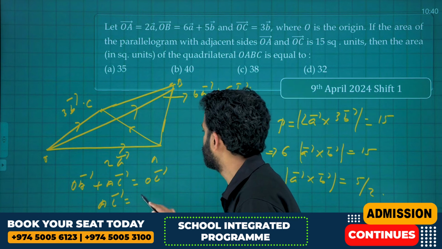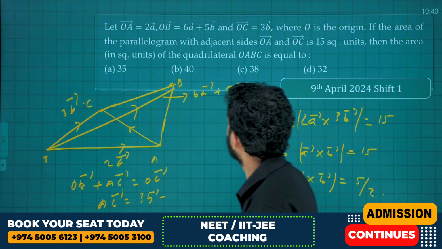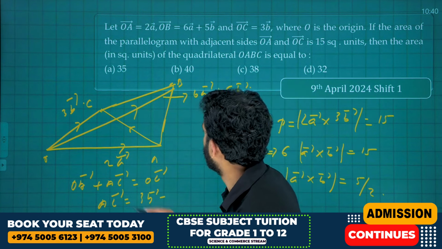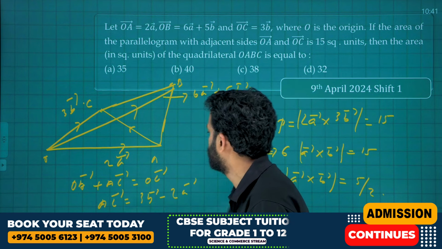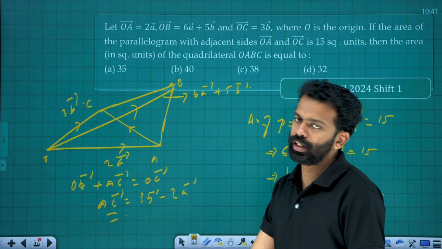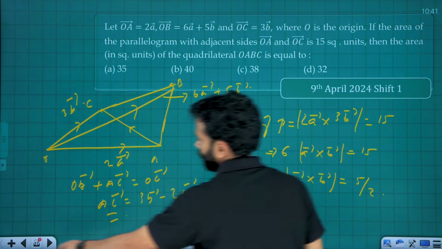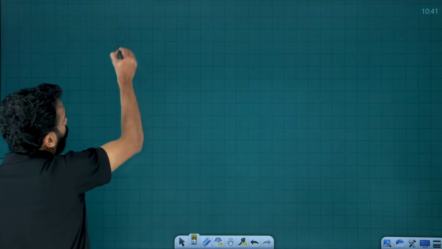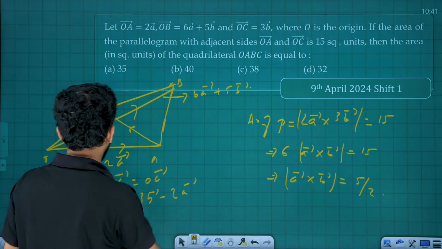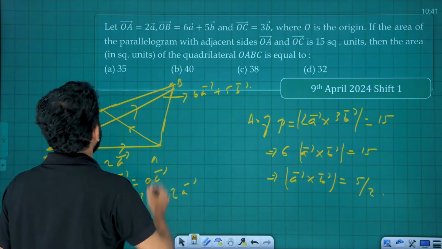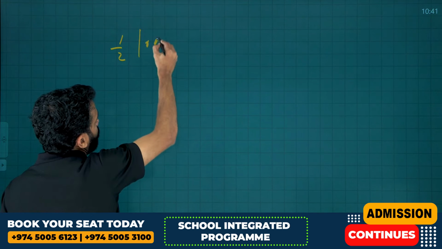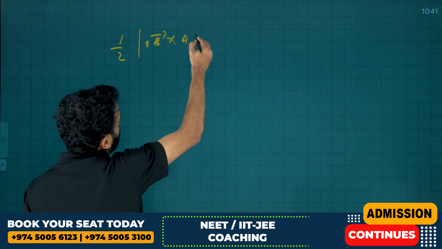And what was vector OC? 3 vector B minus vector OA, that is 2 vector A. So, this is what vector AC is. So, what is the area of the quadrilateral? It's half into magnitude of vector OB cross vector AC.